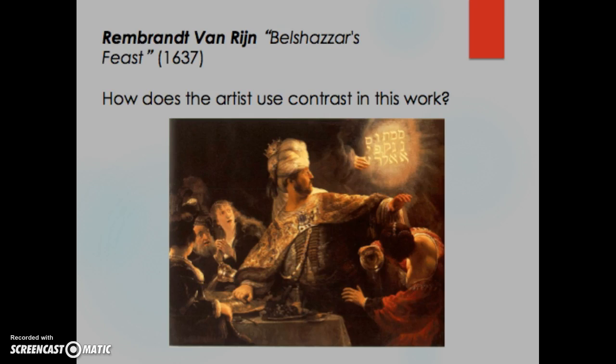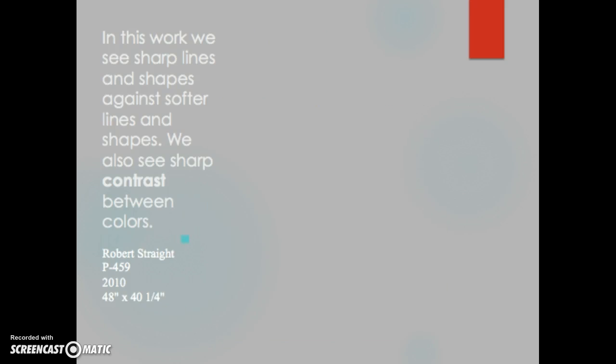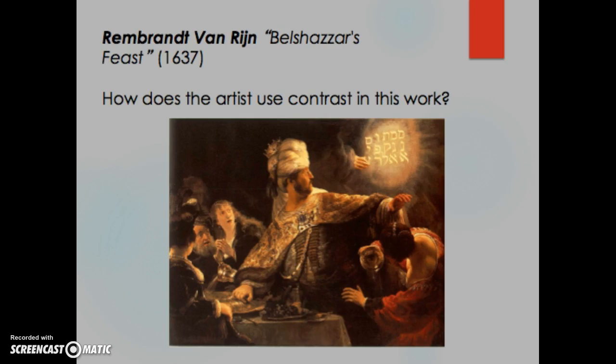So let's look at Rembrandt's Belshazzar's Feast. Okay, Rembrandt van Rijn, Belshazzar's Feast. How does the artist use contrast in this work? What do you think? If you said that there is contrast between the light and the dark, between even the colors of the red on the lower right compared to the dark up in the upper left, okay?